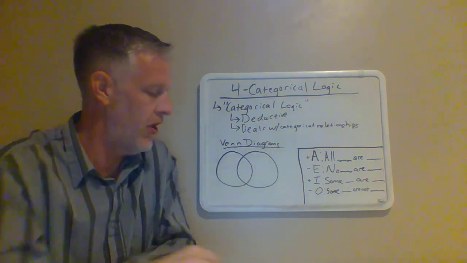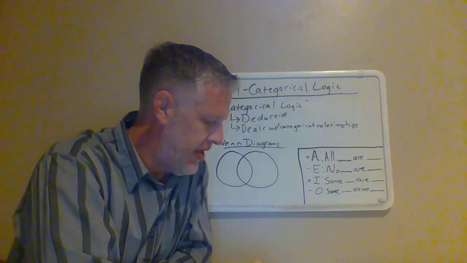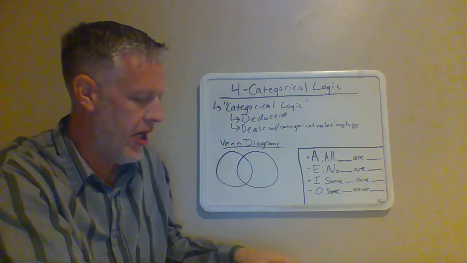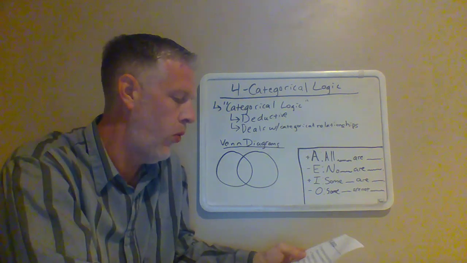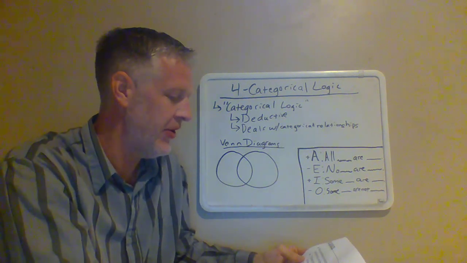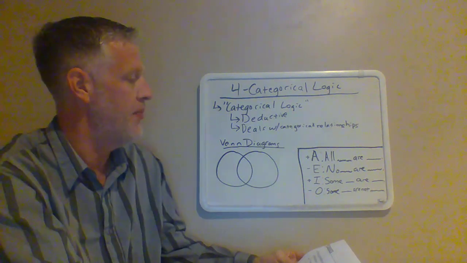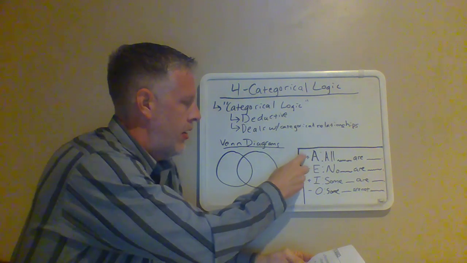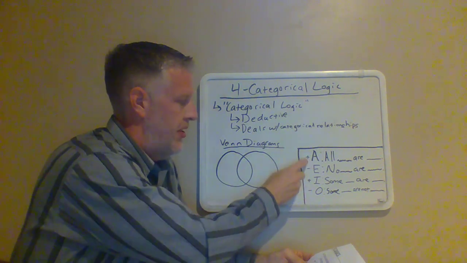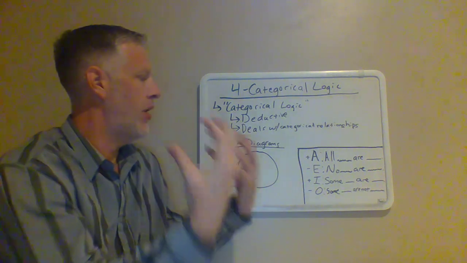As the authors of the textbook define categorical logic on page 258 of our textbook, quote, it's logic based on the relations of inclusion and exclusion among classes or categories as stated in categorical claims. Okay, and we'll talk more about inclusion and exclusion here in a second. So again, we're talking about categories.